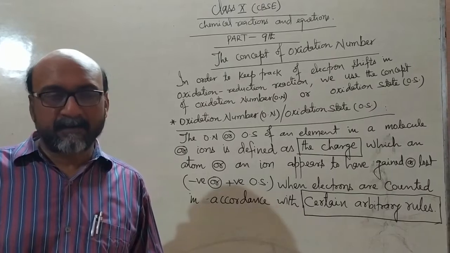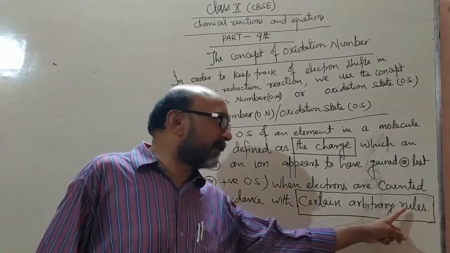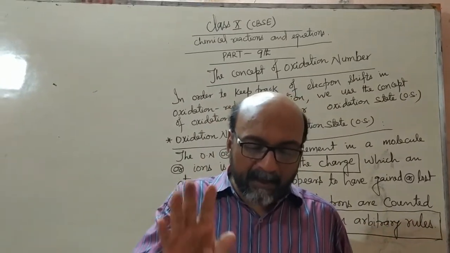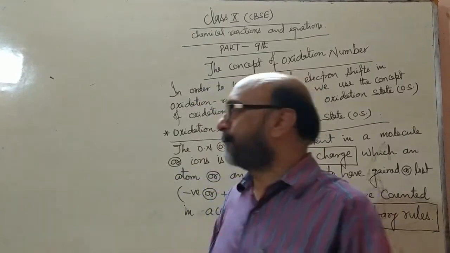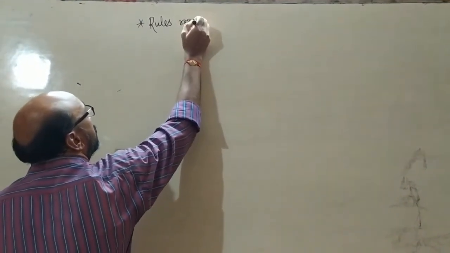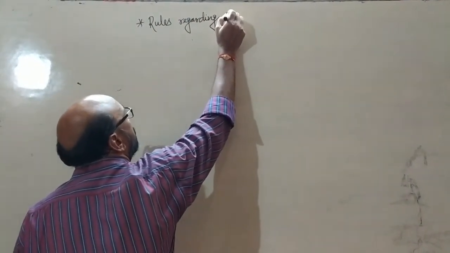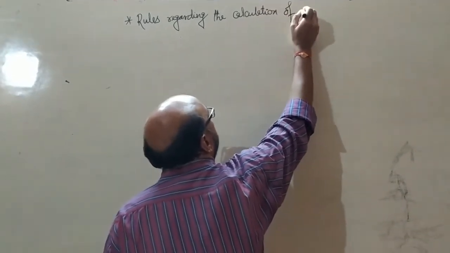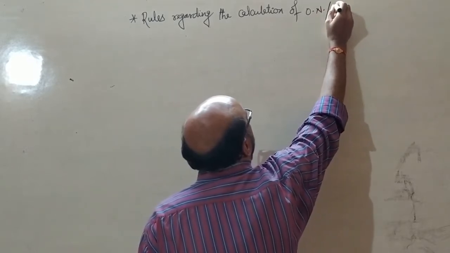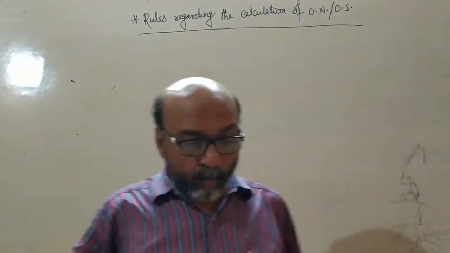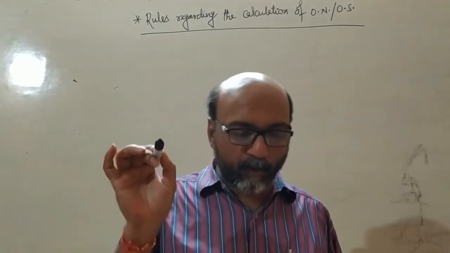Let us start to know about the certain arbitrary rules under the heading Rules regarding the calculation of oxidation number or oxidation state.